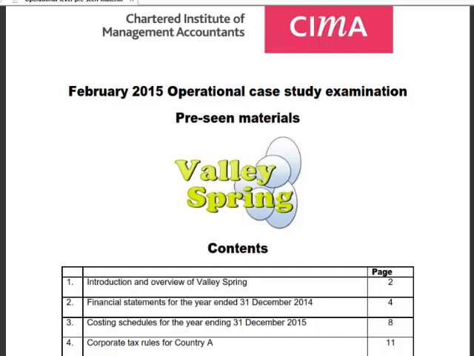So in part 1 of this case study, what I'm going to do now is go through the case study slowly, and I'm going to mark up things that stand out for me as being something that needs further investigation. I'm going to ask myself lots of questions. I'm going to just highlight something and say, I don't understand this.